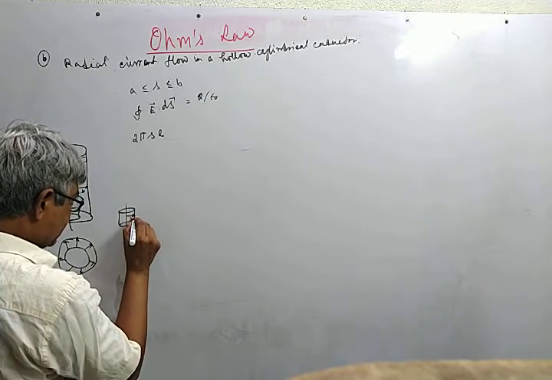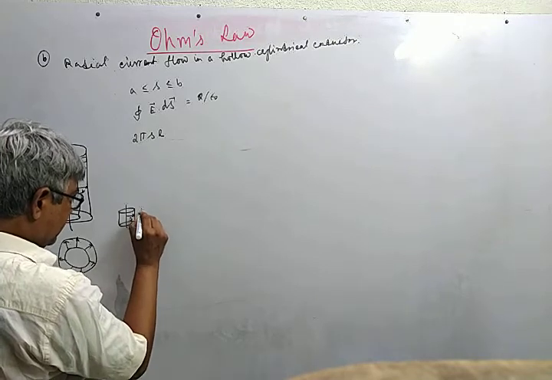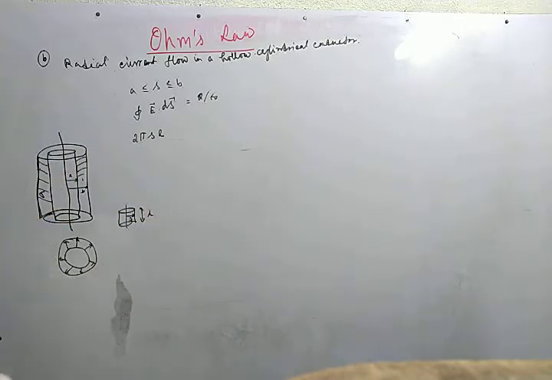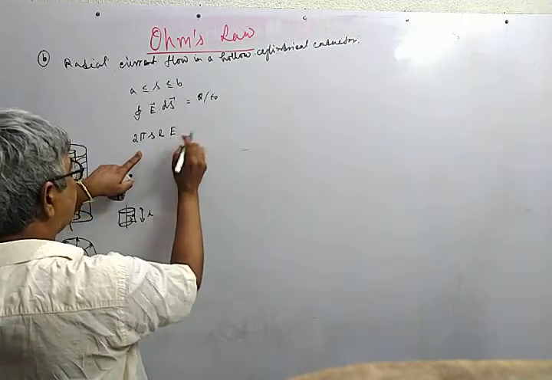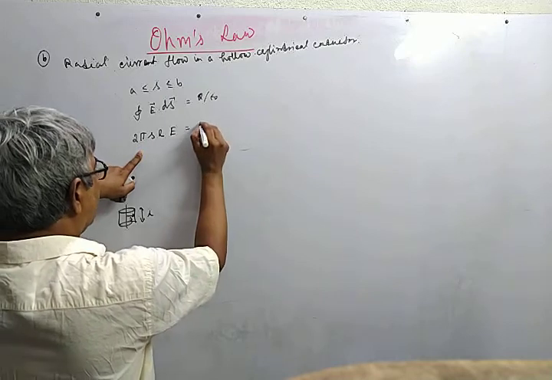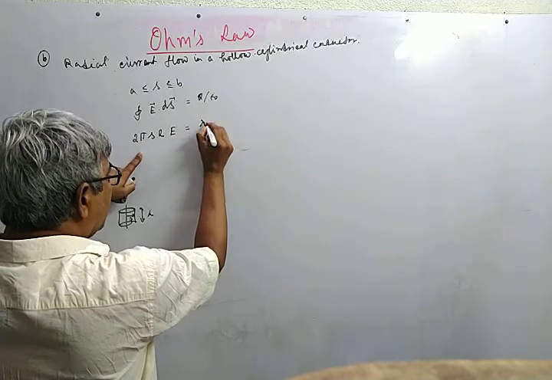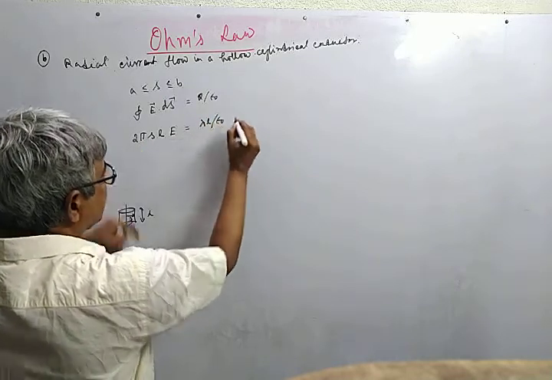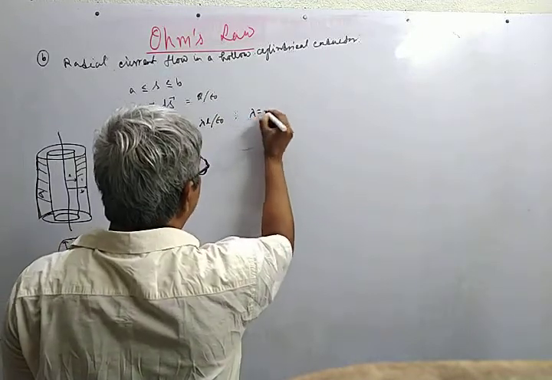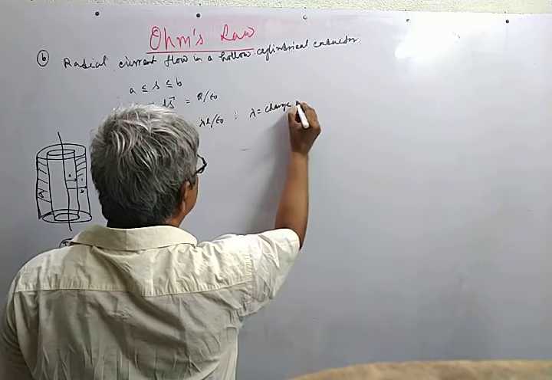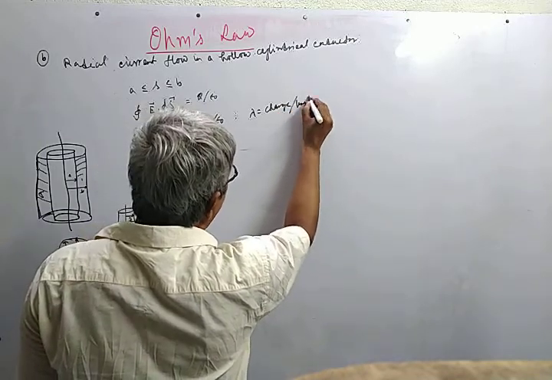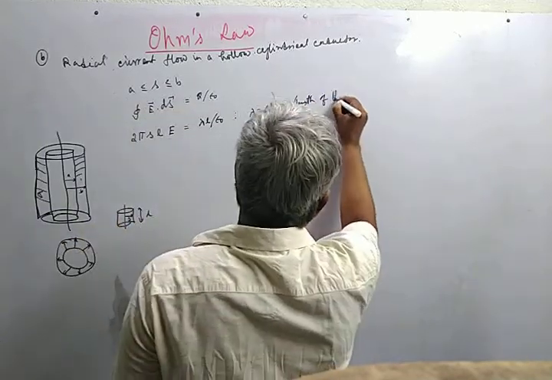This much is s and this much is L. The length of the Gaussian surface is L. So 2 pi s L times E, the electric field, is equal to lambda L by epsilon 0, where lambda is the charge per unit length of the inner cylinder.